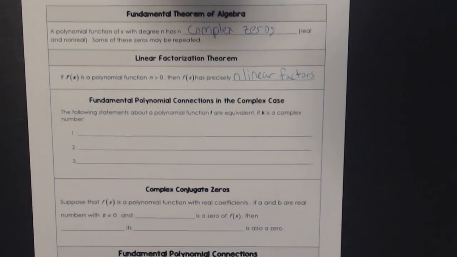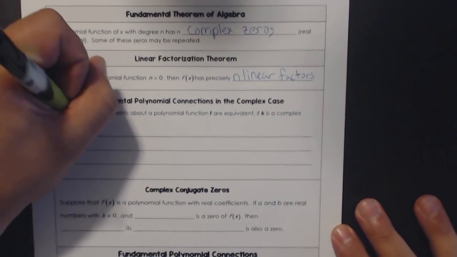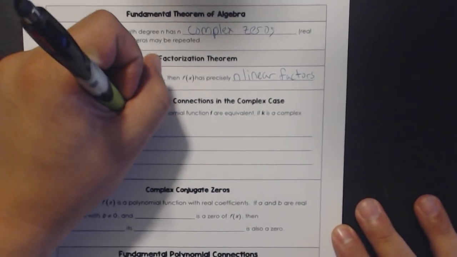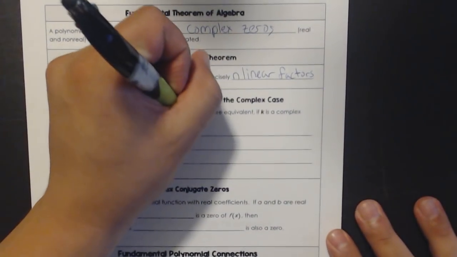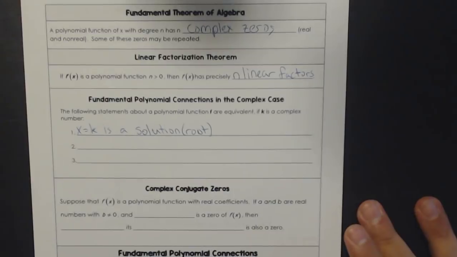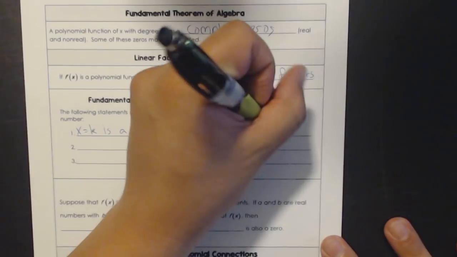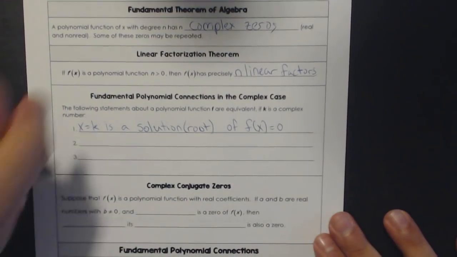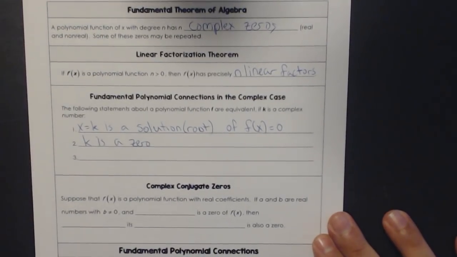Now the fundamental polynomial connections in the complex case. The following statements about a polynomial function f are equivalent if k is a complex number. x equals k is a solution, or what we can also say is it's a root of f of x equaling 0. We also could say that k is a 0 of the function f.